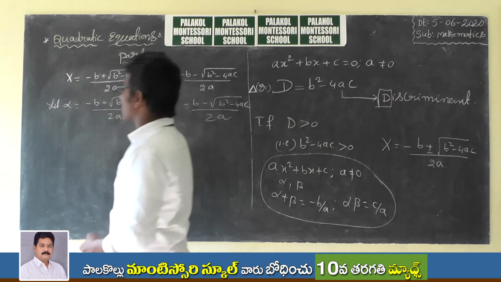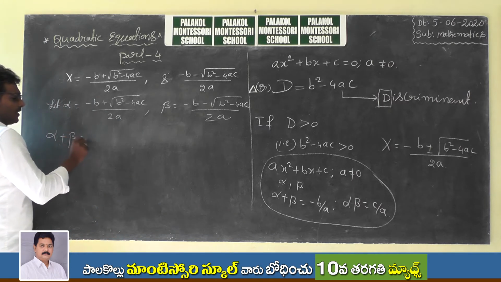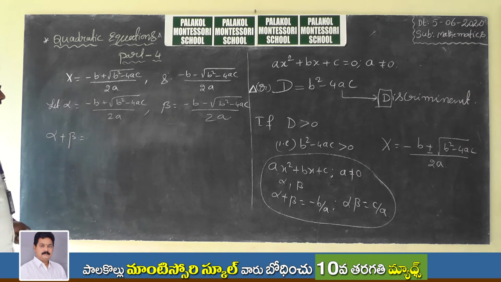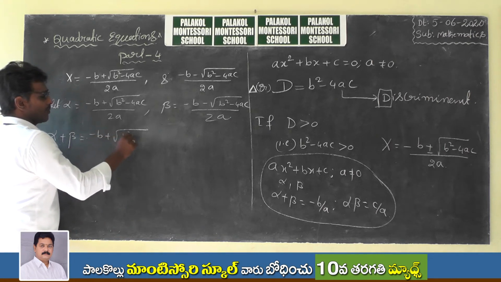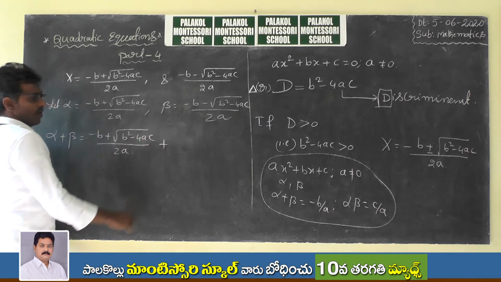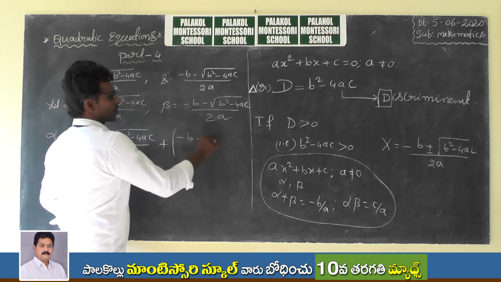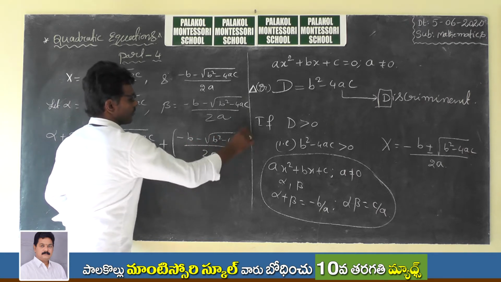Now find the sum of the roots of the quadratic equation, alpha plus beta. What is the value of alpha? Minus b plus root of b square minus 4ac by 2a, plus minus b minus root of b square minus 4ac by 2a.